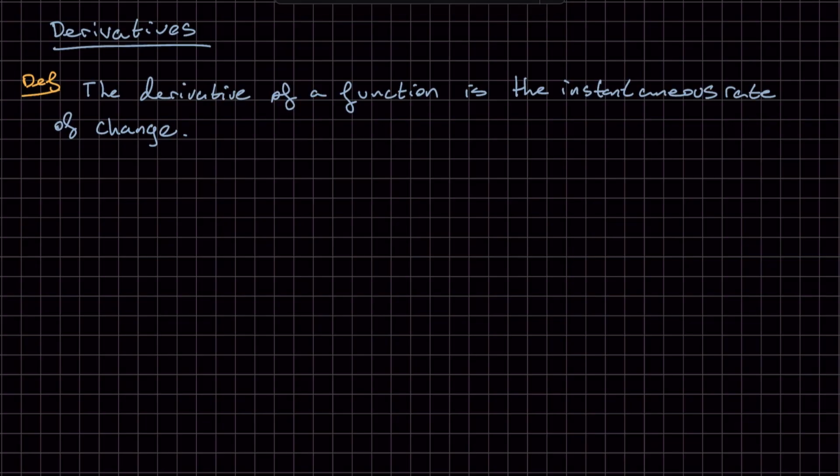There are other words for derivatives, like the gradient of a function, but that's more for multivariable calculus and vector calculus. So today we will be focusing on the word derivative. The derivative of a function is the instantaneous rate of change at a point.